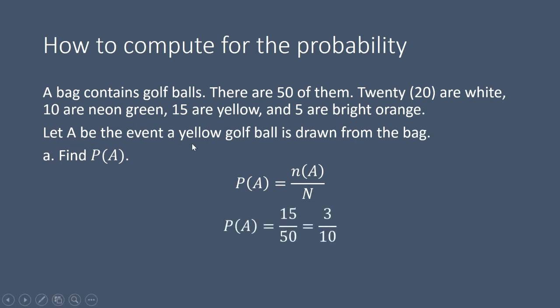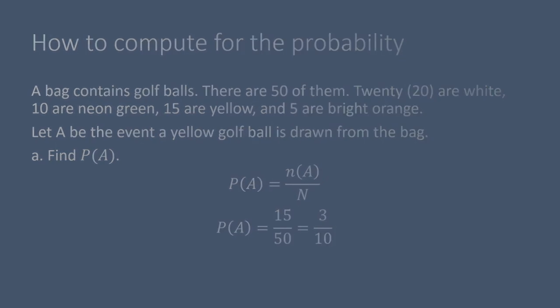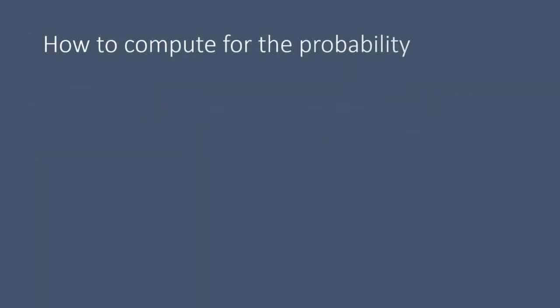We have 15 yellow golf balls, so N of A is 15. The size of our sample space is 50. And so P of A is equal to 15 divided by 50. We have a common factor. The common factor is 5. 5 divided by 5 is 1. And so we are left with 3 over 10. P of A is equal to 3 over 10.